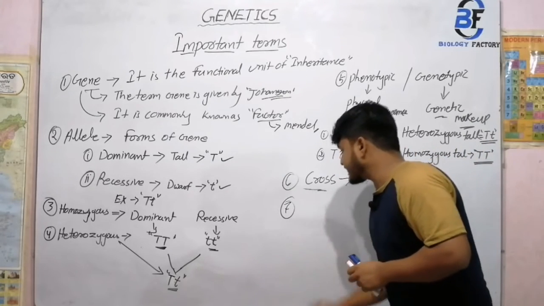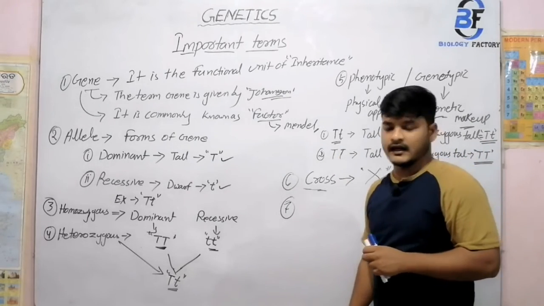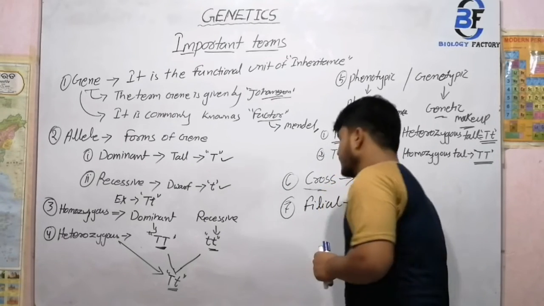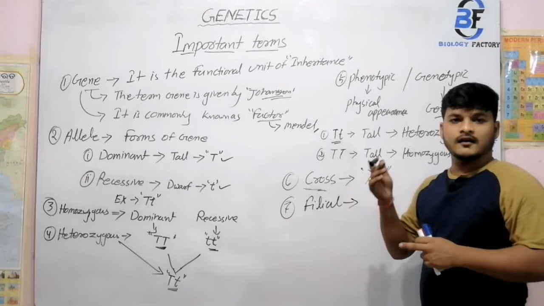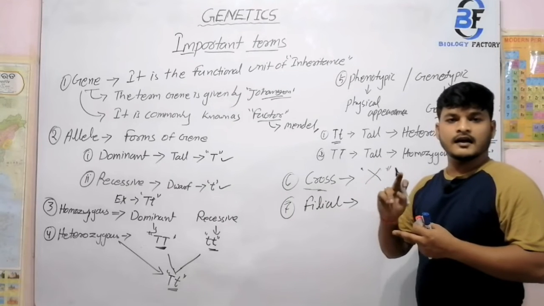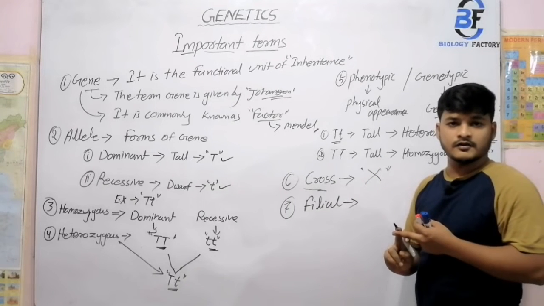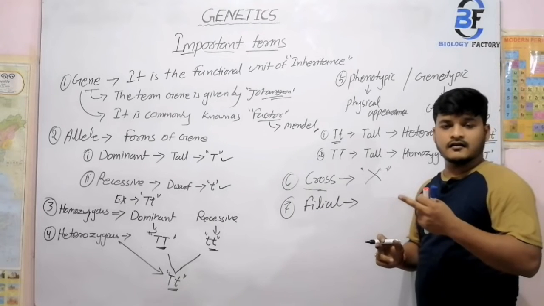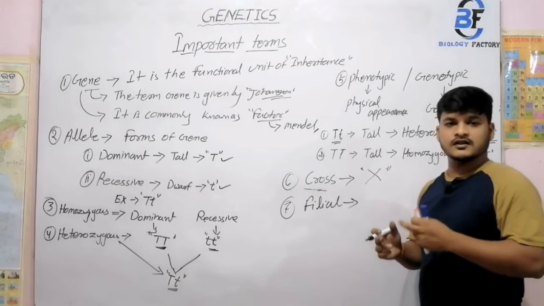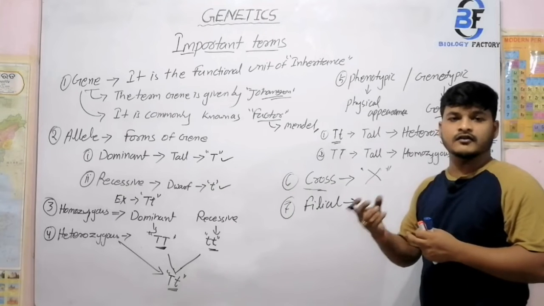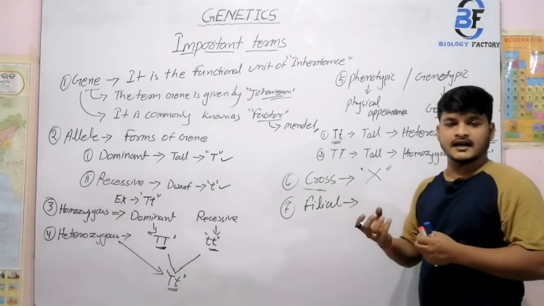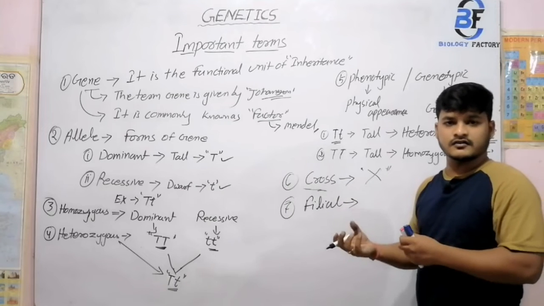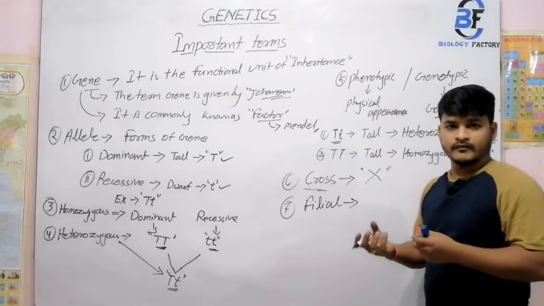So our next important term is filial. Filial: in monohybrid, dihybrid and trihybrid conditions, we again discuss crossing. In these conditions we find some alleles after crossing, and the first alleles found from the first cross are known as F1.